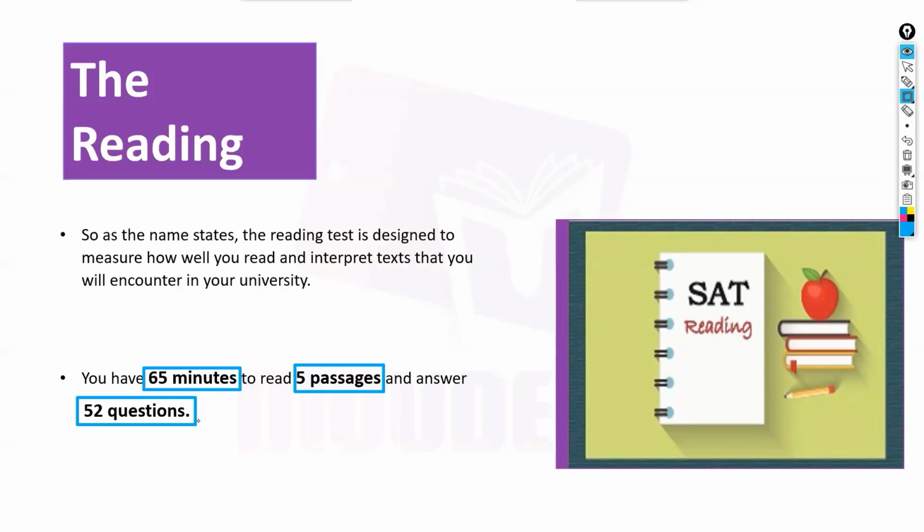You have to solve a lot of practice tests, and you have to know all the tips and tricks in this reading section. The time is not much.